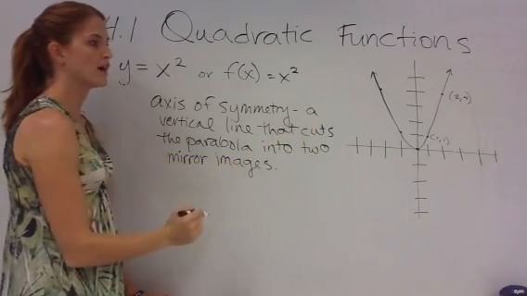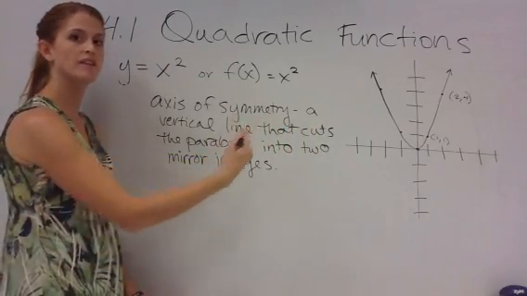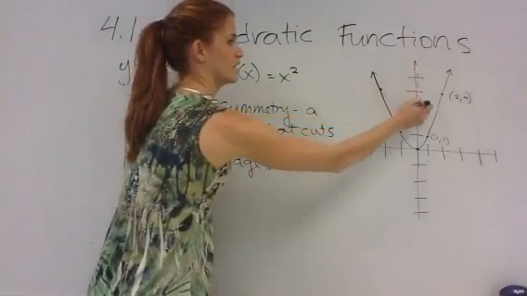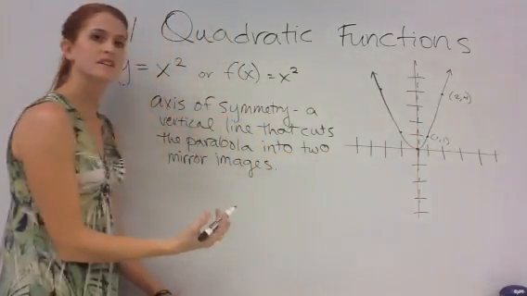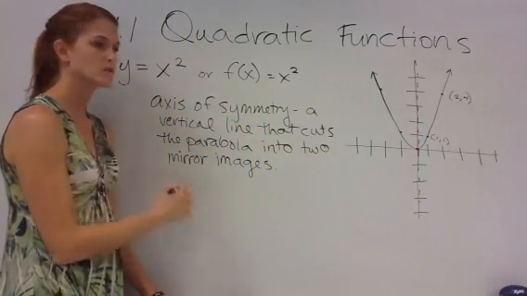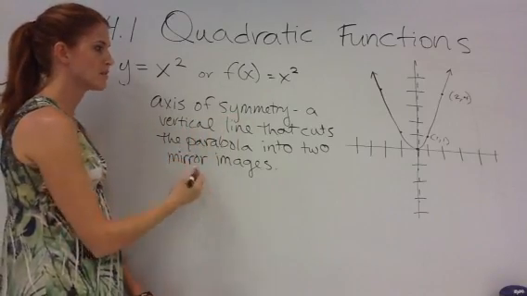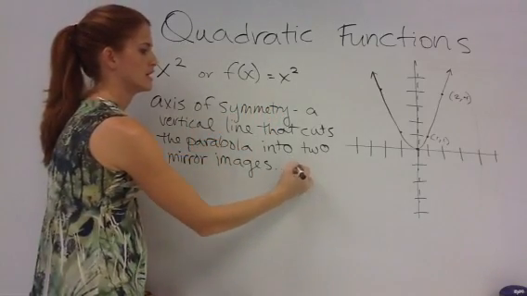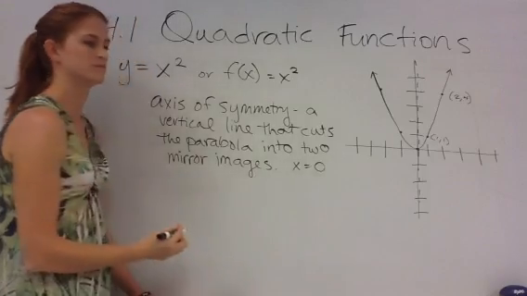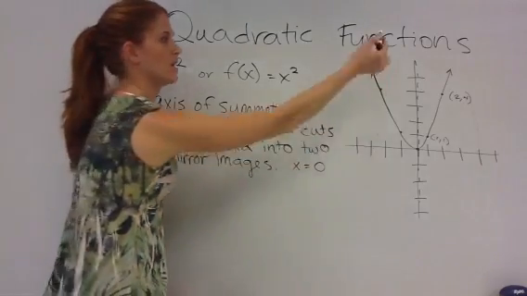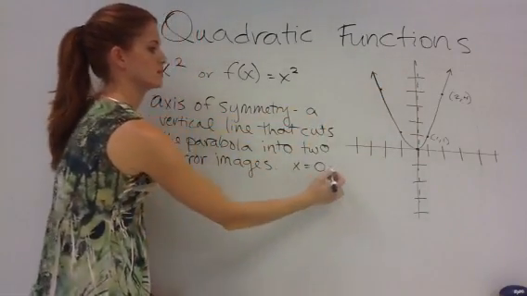So for this graph, the vertical line that's going to cut this in half is going to be the y-axis. That's what's going to cut my parabola into two mirror images. So right there, my axis of symmetry for this example is x equaling 0. At x equaling 0, that is the y-axis.